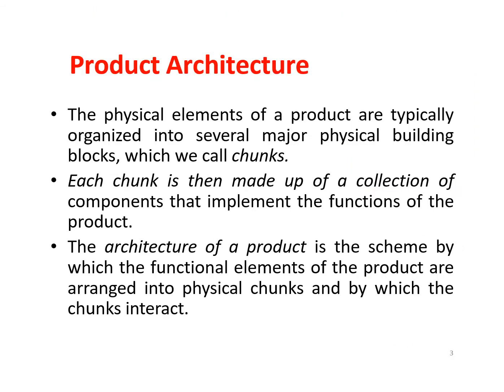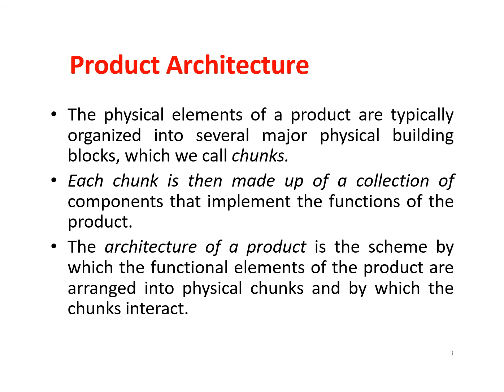The physical elements of a product are typically organized into several major physical building blocks, which we call chunks. Each chunk is then made up of a collection of components that implement the functions of the product.